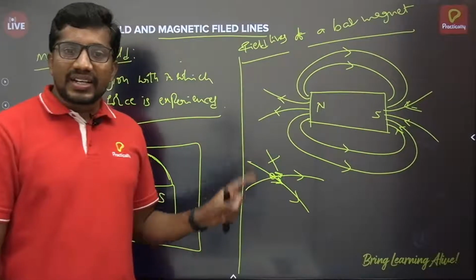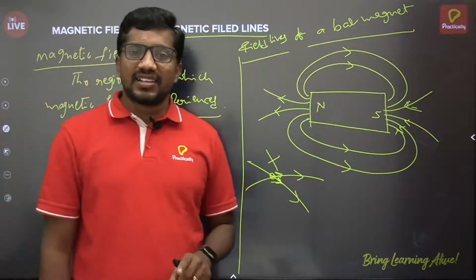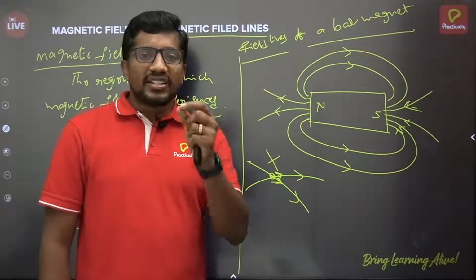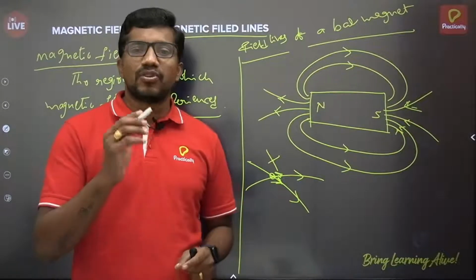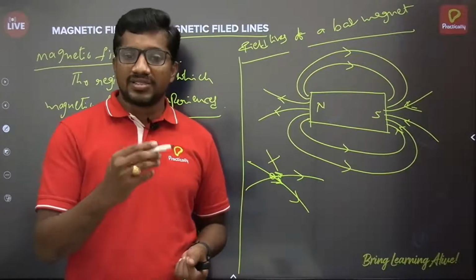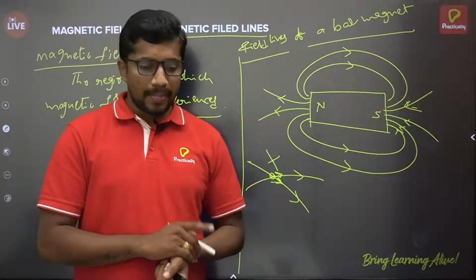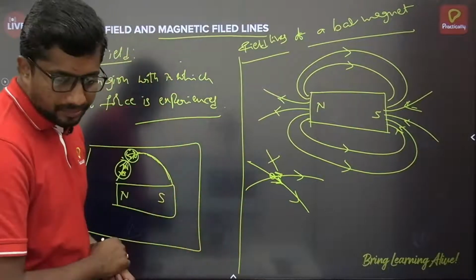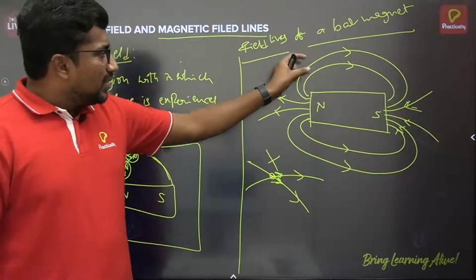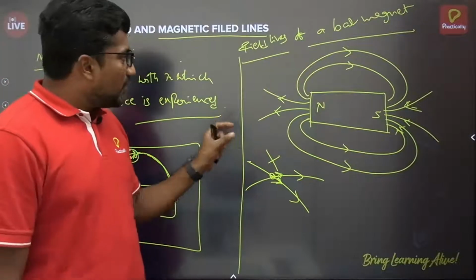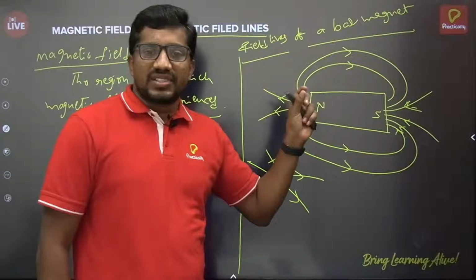So magnetic field lines will never intersect each other. If they intersected, at the point of intersection the magnetic field line would possess two directions simultaneously, which is not possible. Very important one. Next, the relative strength of these magnetic field lines depends on how close they are.